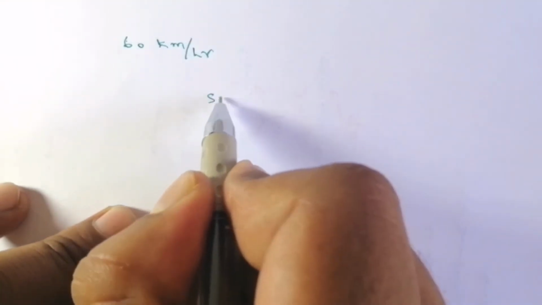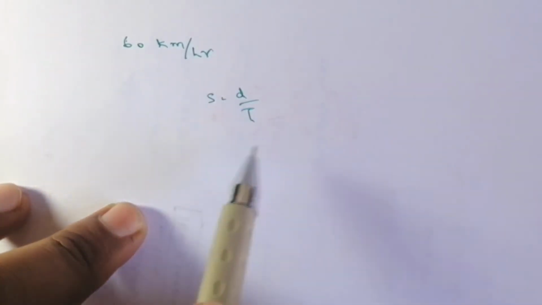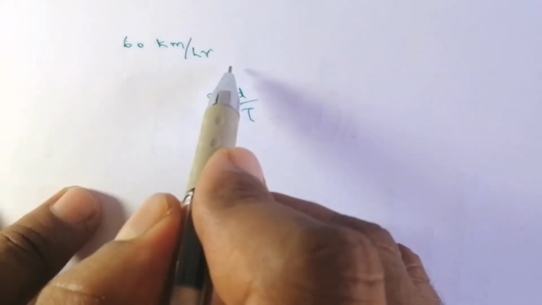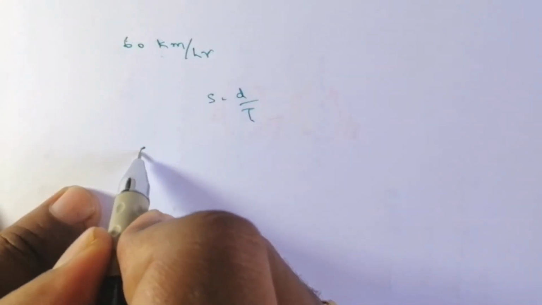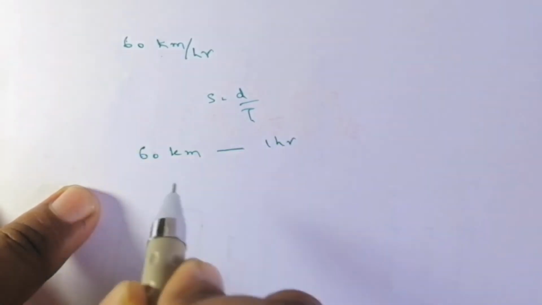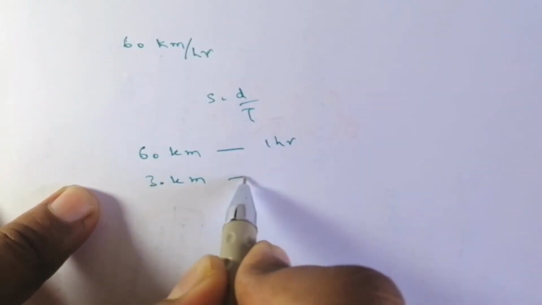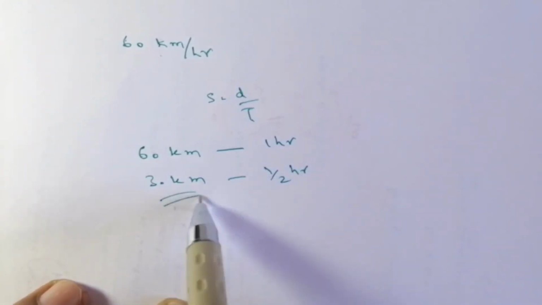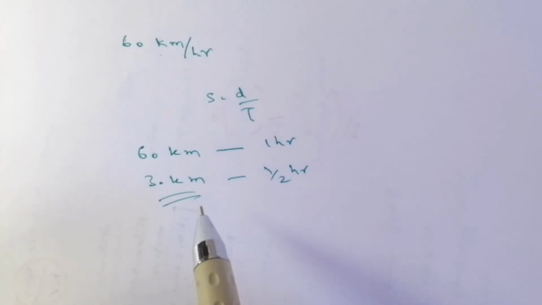Here there is no need to take the formula speed equal to distance by time. Because by this speed we can clarify that for 60 kilometers it takes 1 hour, then for 30 kilometers it takes half an hour. It is a very easy method of evaluating directly from the given values.